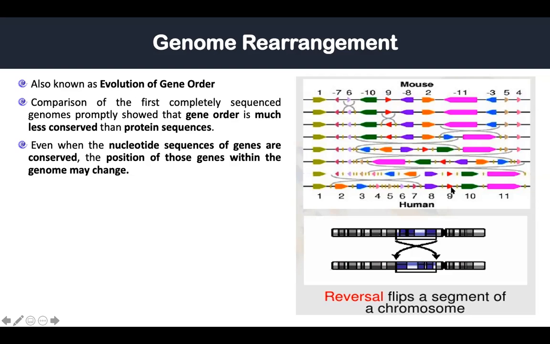For instance, there's an example in this picture. The bottommost is a chromosome from human DNA, right?